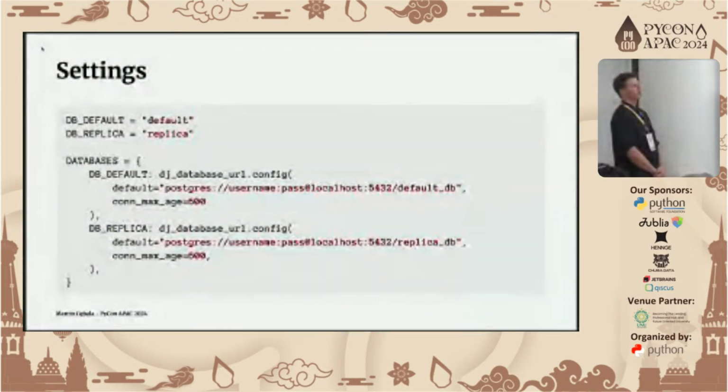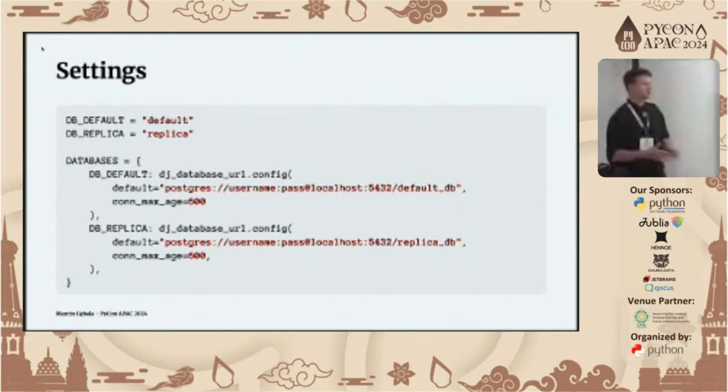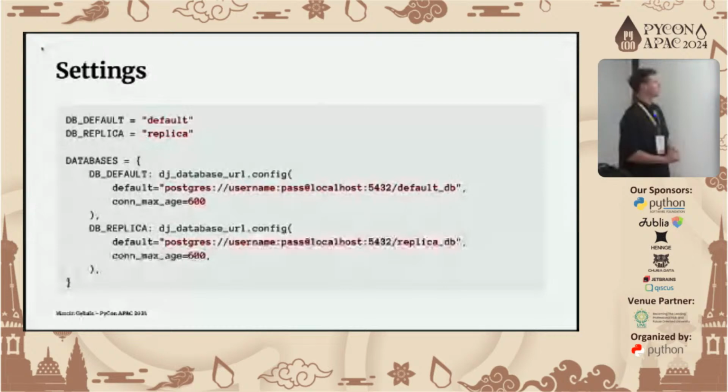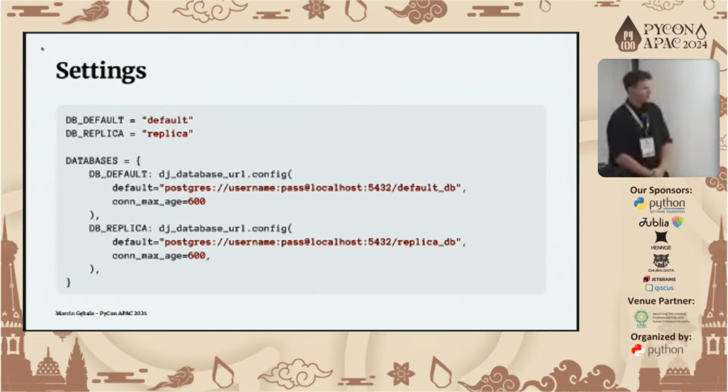If you ever used Django, this is the main configuration file where you define all kinds of configuration, and database configuration is one of the basic ones. Usually you would have only this part, the default database, the one that we use at the beginning. But in Django, you can add more databases just by adding more entries into this dictionary. In my simple example, I'm using two databases.